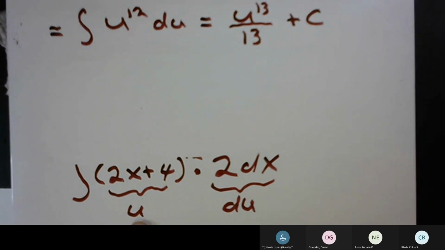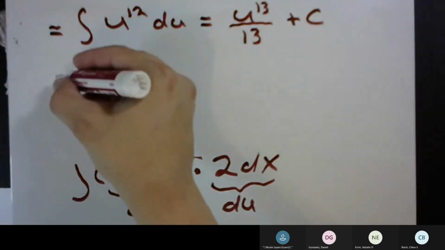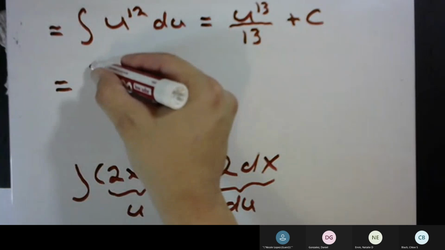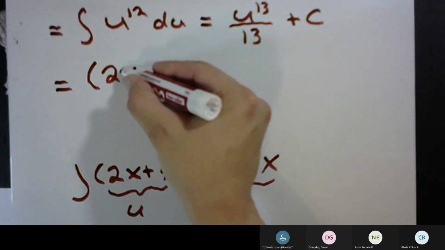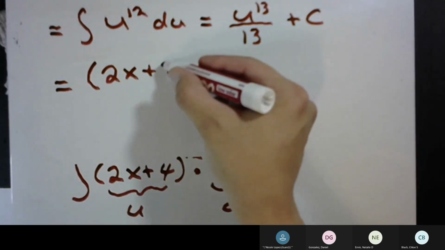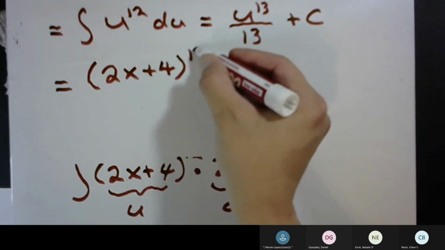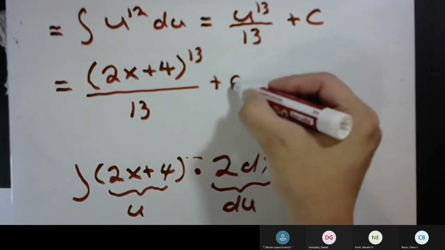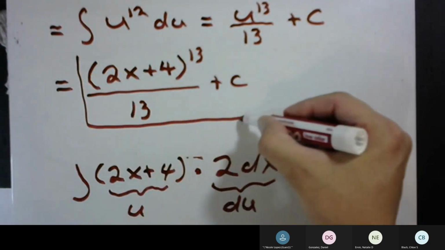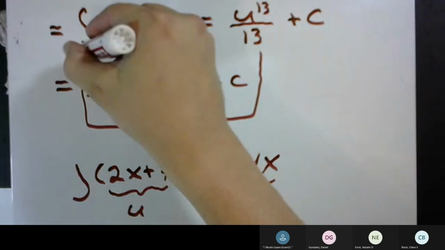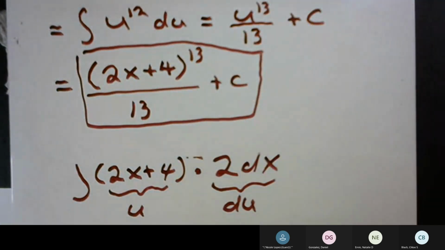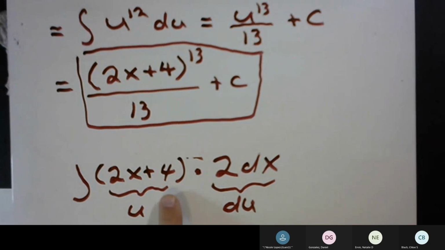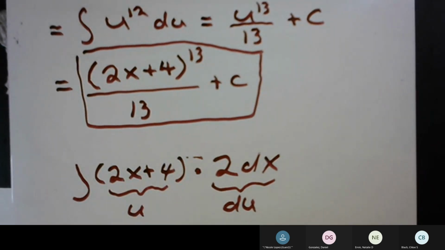And then now, remembering what u was, put this back. We'll get 2x plus 4 to the 13 over 13 plus c. And the moral of the story is that instead of expanding this with an exponent of 12, this is just a whole lot easier.